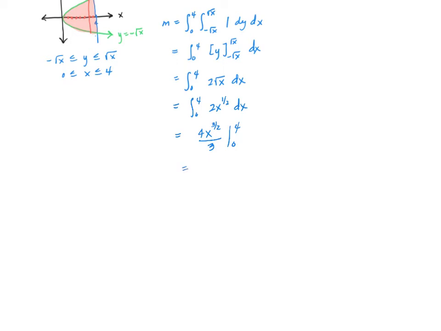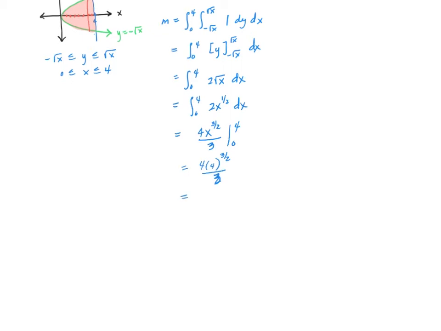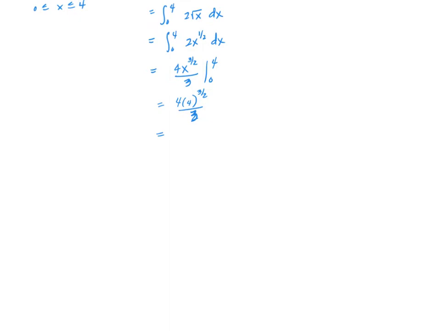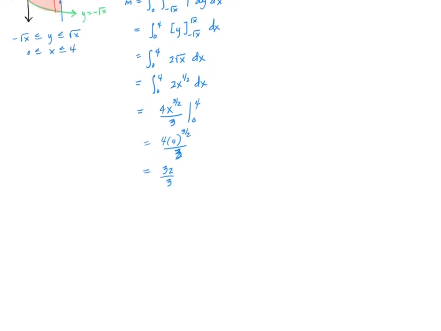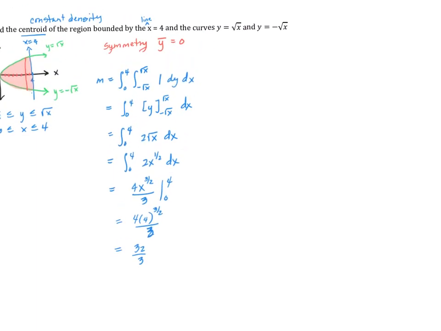So this is going to be 4 times 4 to the 3/2 over 3. If I plug that into a calculator, I get 32 over 3. So that's just my mass, which is usually the easier one to compute.